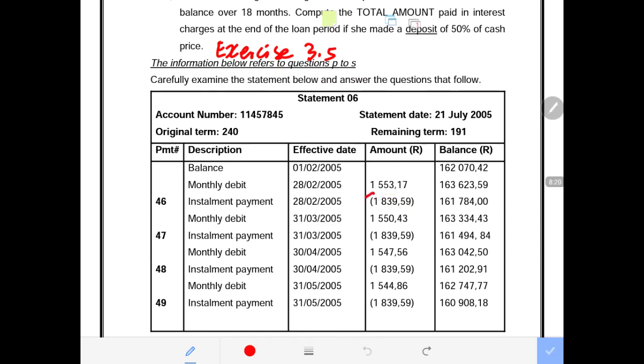Now this is what we are paying every month, but our loan does not decrease with the amount that we are paying. What do you mean, Mr. Teacher? Because our loan is decreasing by the same amount that we are paying.